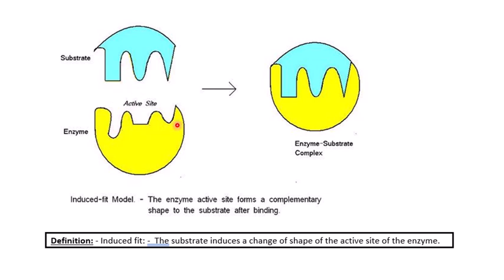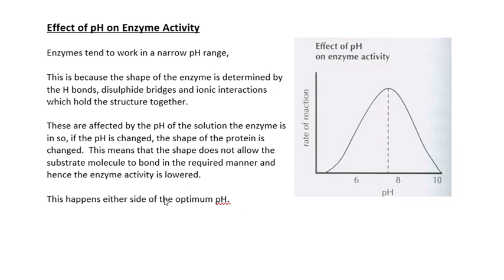But as it approaches and starts to make interactions, you can see the change in the enzyme shape on the active site, and the substrate fits perfectly into it. So the definition of induced fit is that the substrate induces a change in the shape of the active site of the enzyme. It can fit on, and then the reaction can be catalyzed.